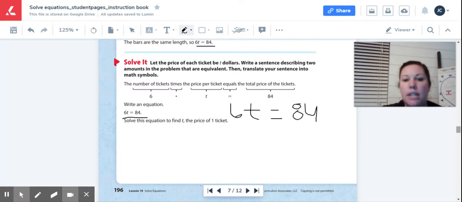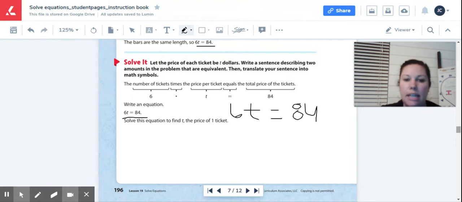So if 6 times t means to multiply, what would be the inverse operation of that? So inverse operation means opposite. What is the opposite of multiplication? Division.